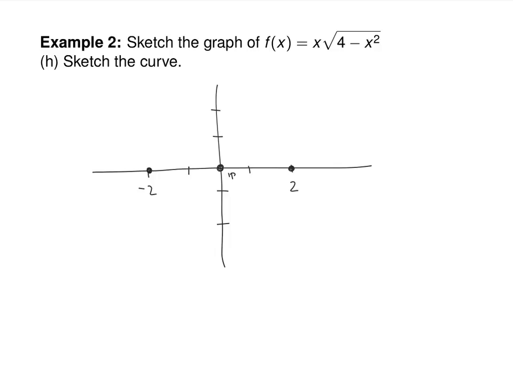What were your critical numbers? Root 2, so about 1.4-ish, right? So over 1.4-ish and up to 2, and back 1.4-ish down to -2. Those were our critical numbers, a min and a max.